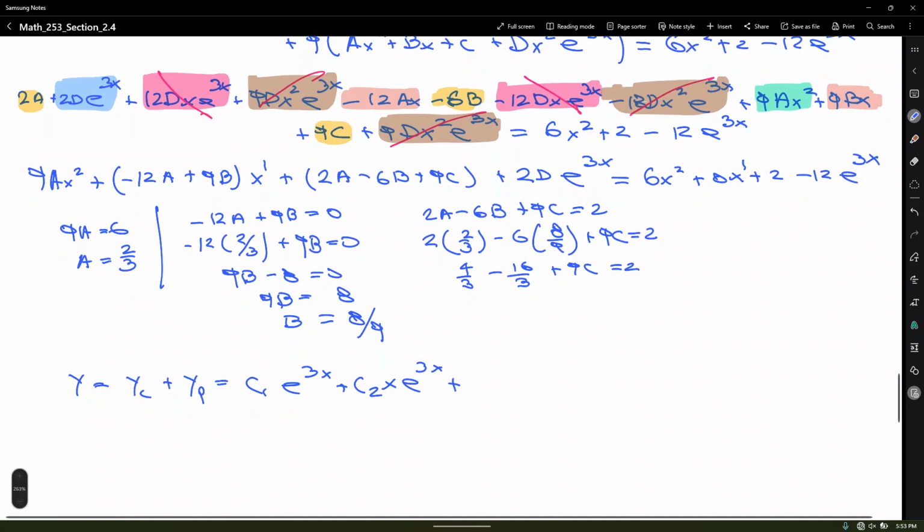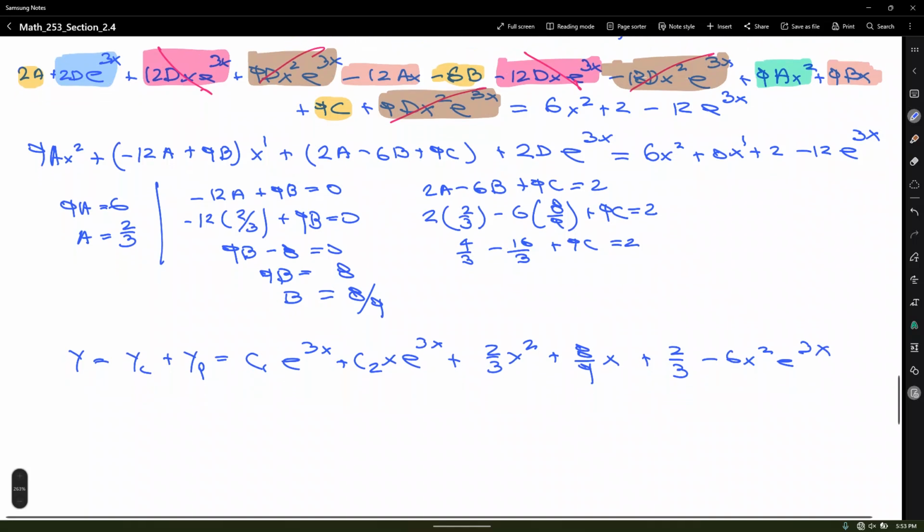Let me just write it down: 2/3 x squared plus 8/9 x plus 2/3 minus 6x squared e to the 3x. We're not done yet. We just need to box our final answer here.